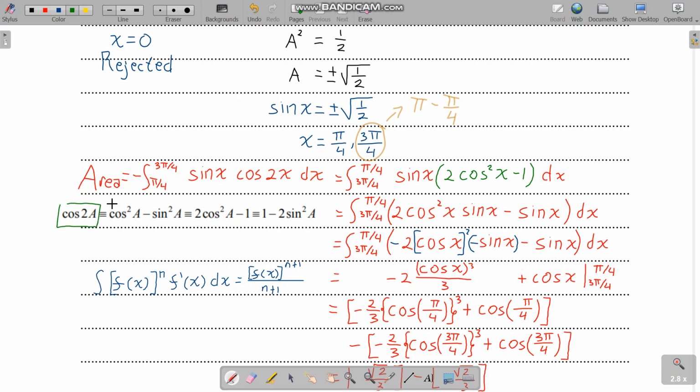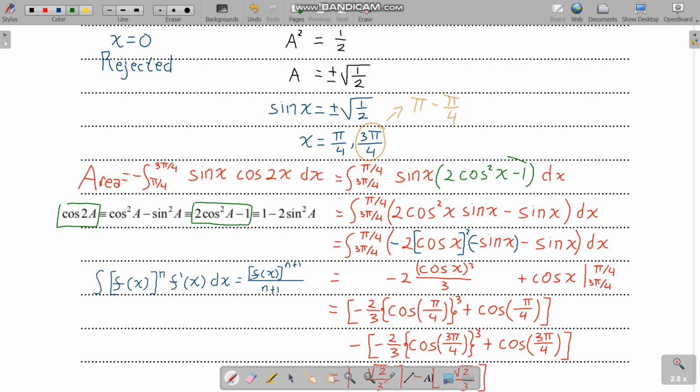If we use this form, after we multiply by sine, we're going to get sine cubed, and we cannot integrate sine cubed directly. If we use 1 minus 2 sine squared, again after multiplying by sine we get sine cubed. Again, we cannot integrate sine cubed directly. That's why we have to use this form.